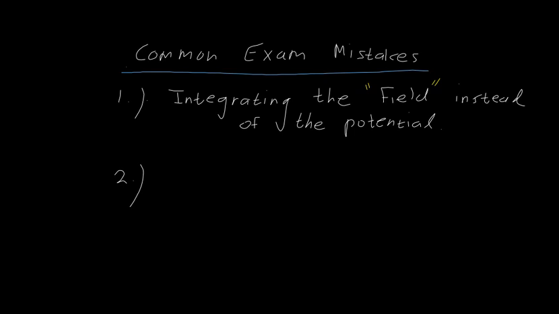Number two, forgetting the symmetry. Number three, these are all very important: treating R as a variable when it's a constant. That's a very big problem. A lot of mistakes with that.